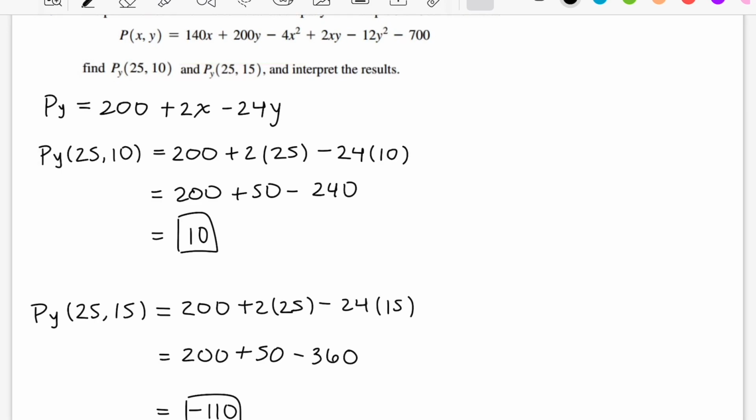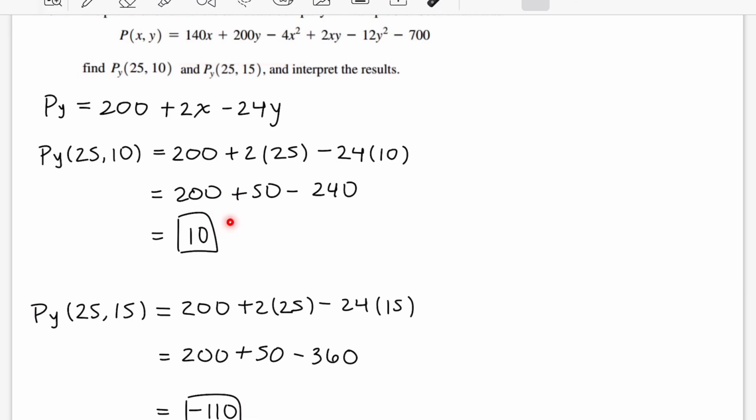All right, so now we want to interpret these results here. So remember, we're taking the partial derivative of our profit function with respect to y here, and remember, y represented our competition boards and x represented our standard boards.